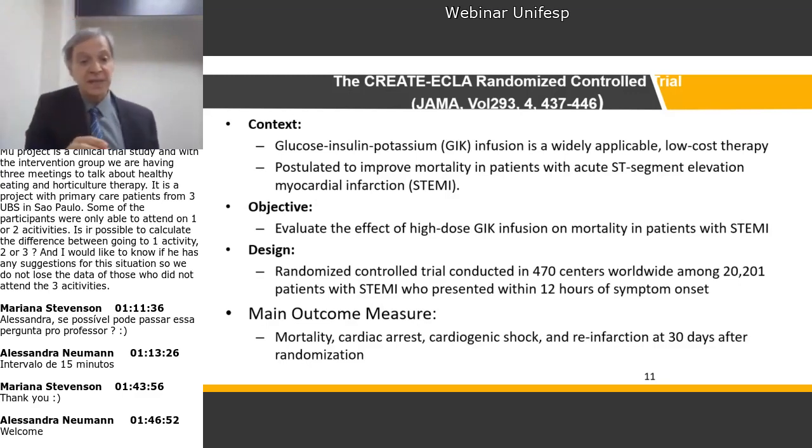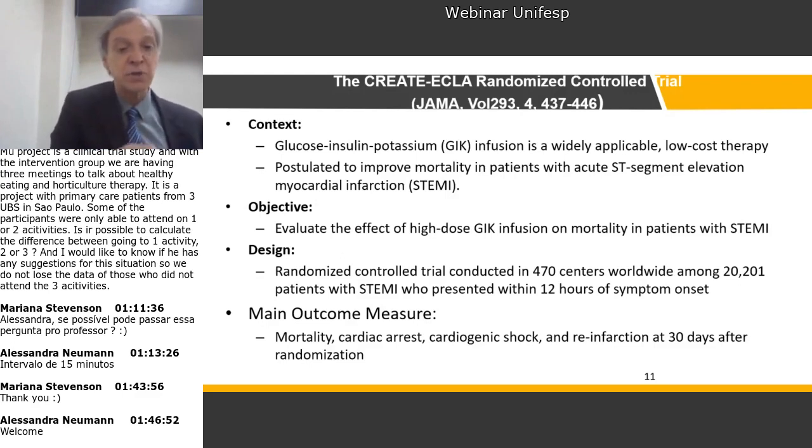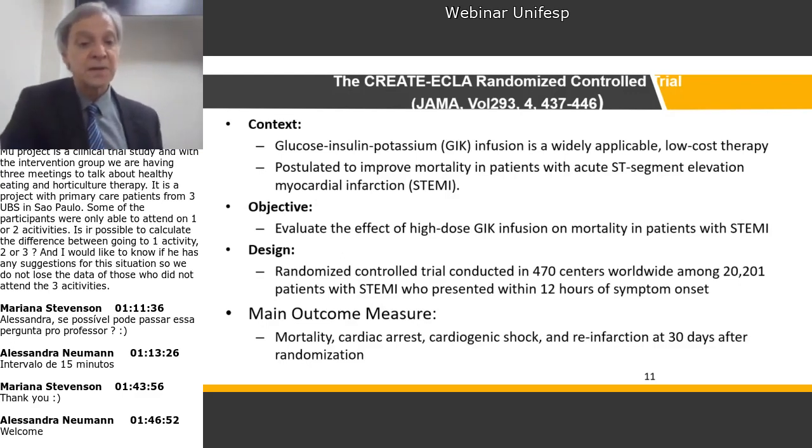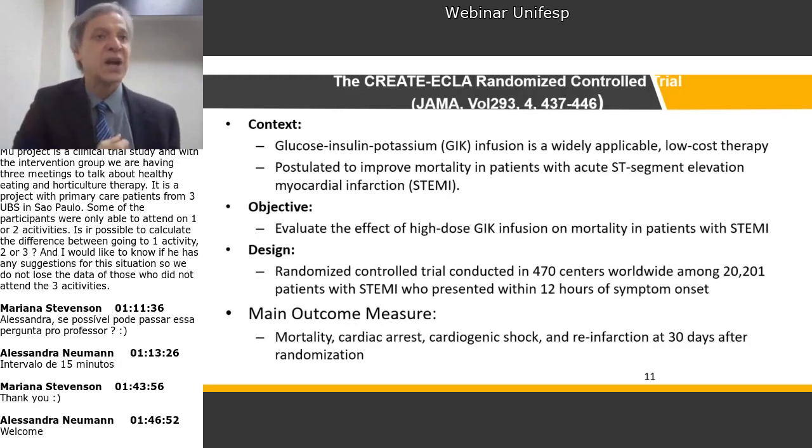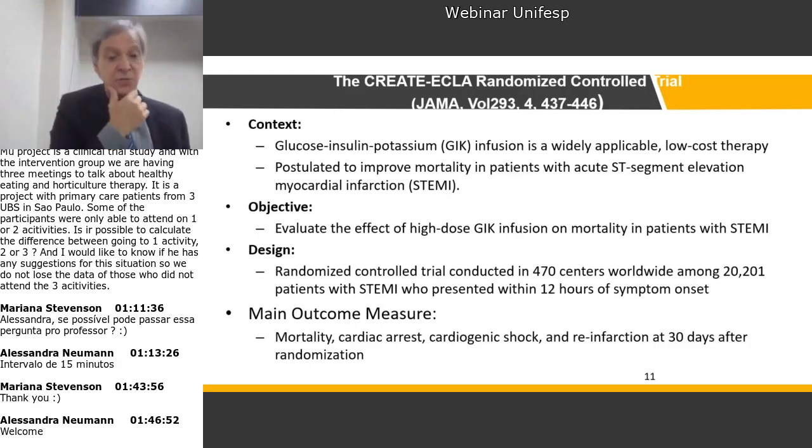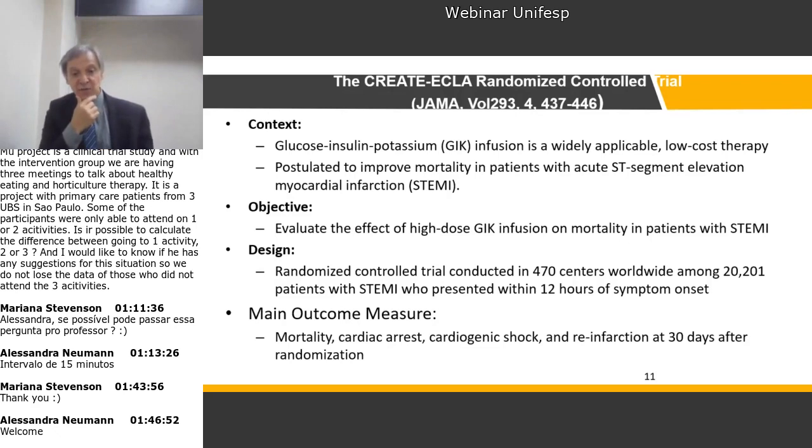Anyhow, this drug, glucose, insulin, potassium infusion, very low cost, is supposed to improve mortality in patients with this elevation. They're prone, they're about to have a heart attack, or they get angina, they have pain or something. So the randomized control trial was actually a group randomized trial.